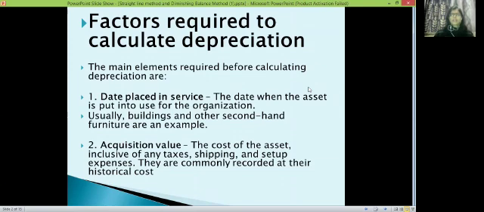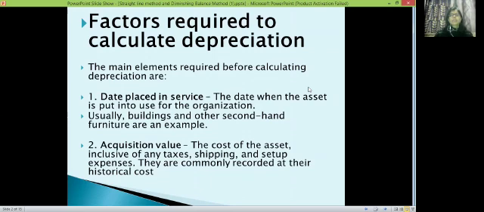Next one is acquisition value. Acquisition value means the value which you have to pay for acquiring that particular asset. It is the cost of the asset, inclusive of any tax, shipping and setup expenses.